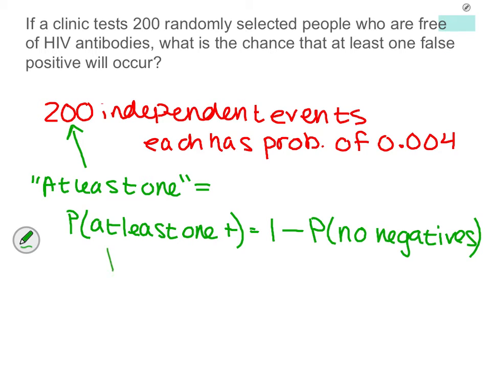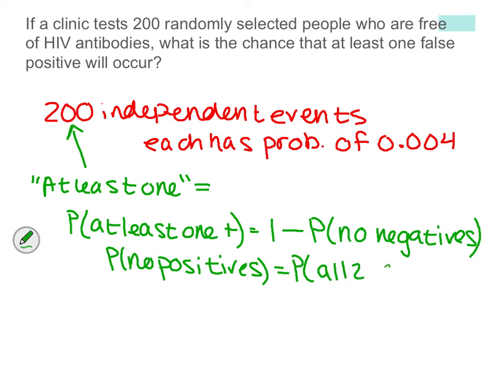The probability that there are no positives is equivalent to the idea that all 200 be negative.